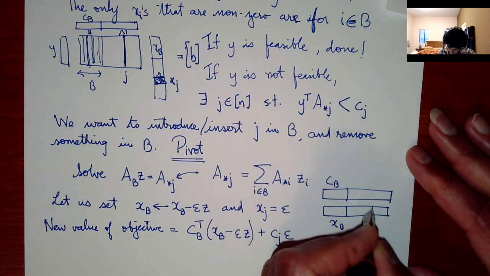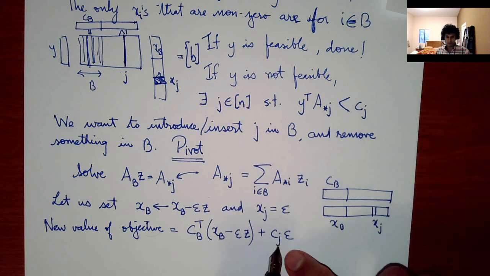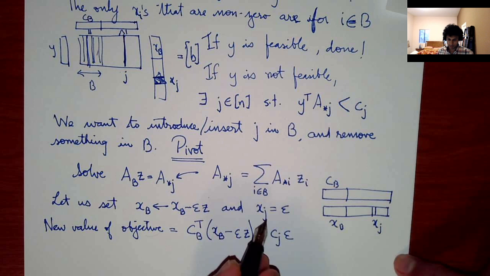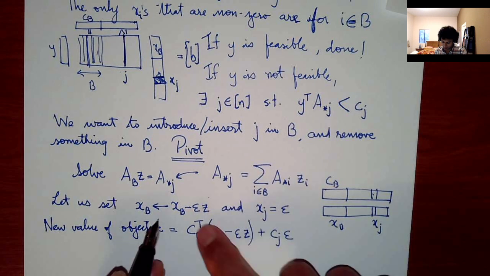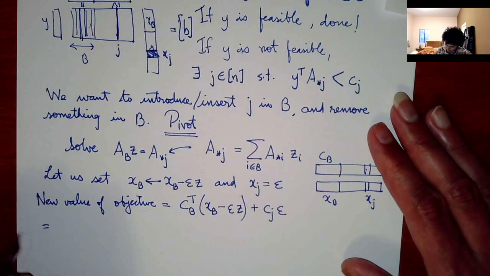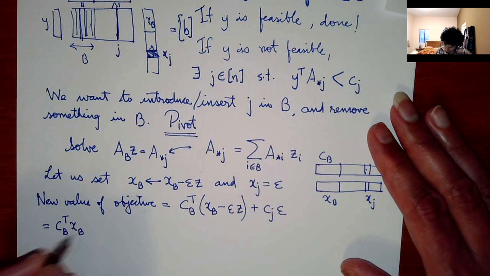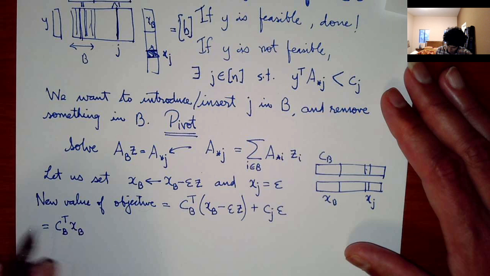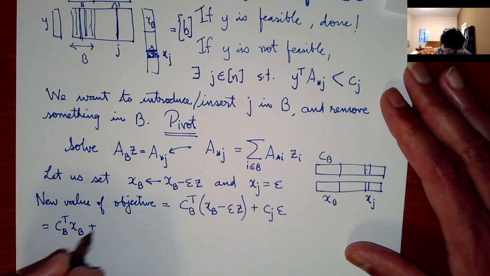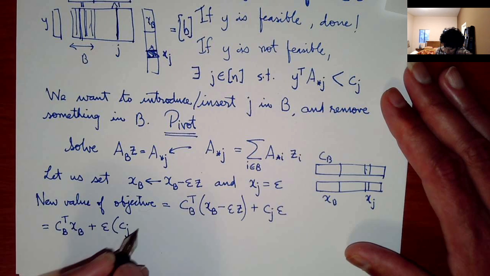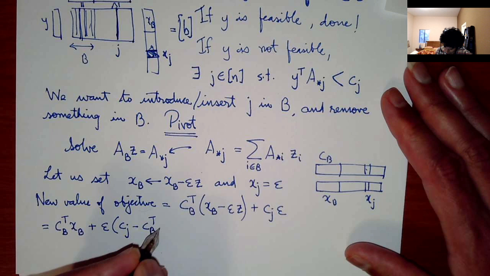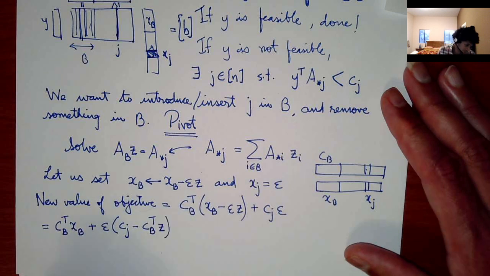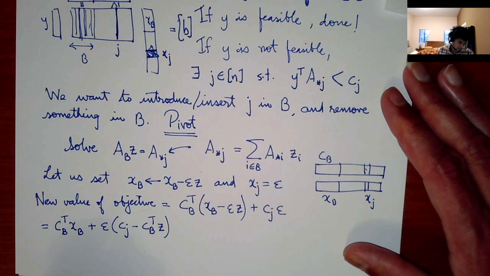So I increased xj, making it epsilon, which gives me the Cj times epsilon. And I decreased xB, so I'm just plugging that in. So the new value of the objective is C_B transpose xB plus epsilon times (Cj minus C_B transpose z). Right, so this is exactly what I get over here.